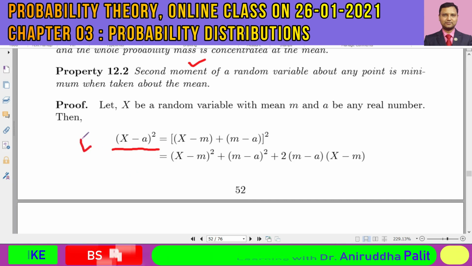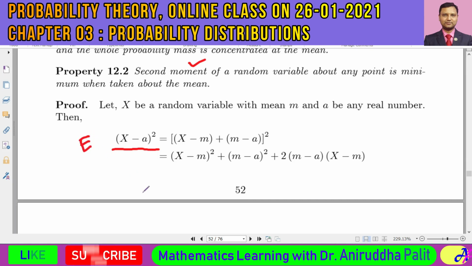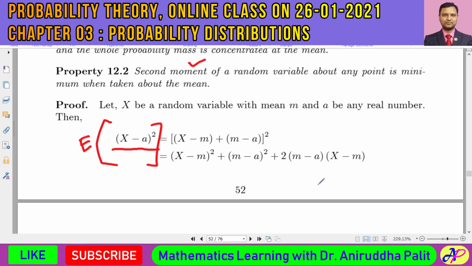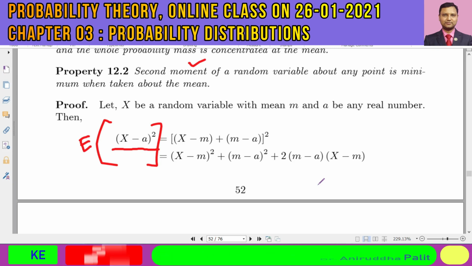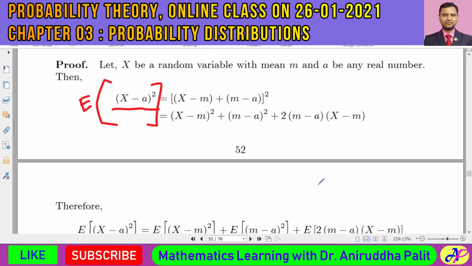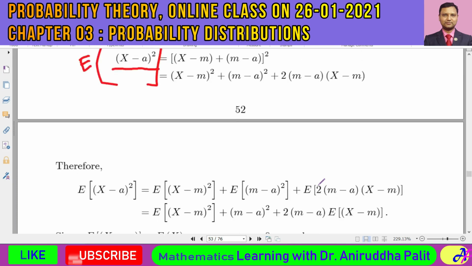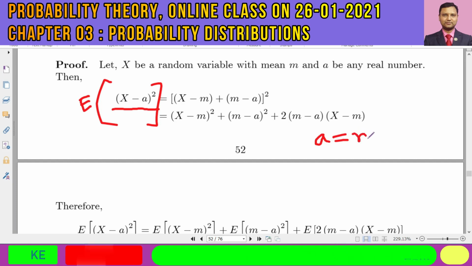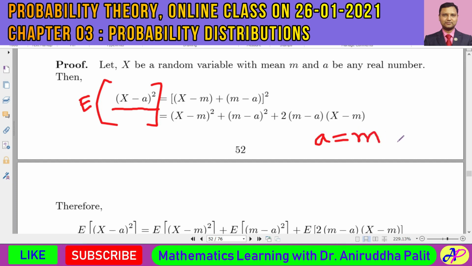If you consider the expectation of x minus a whole square, we have proved over here that this expectation is the minimum whenever a is equal to m.